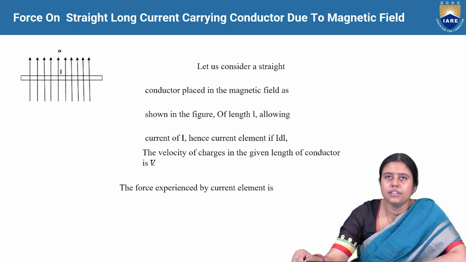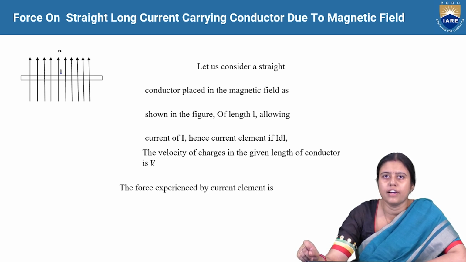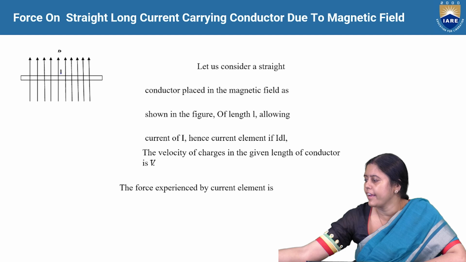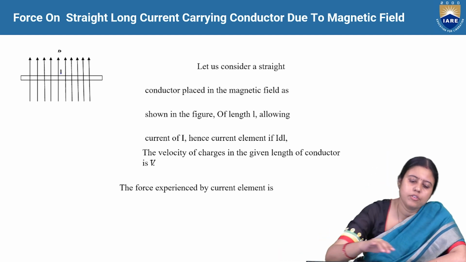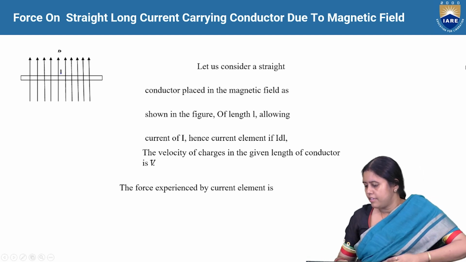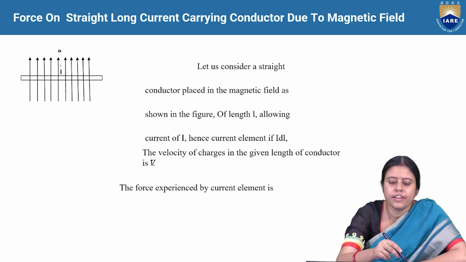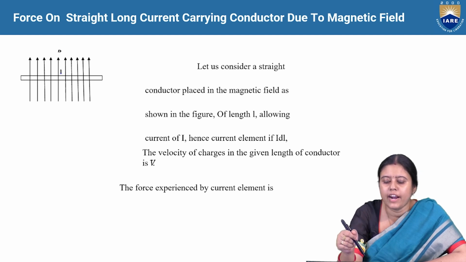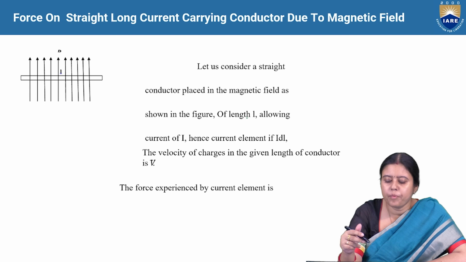So now we will discuss the force on a straight long current carrying conductor due to the magnetic field. Here we are thinking about a long conductor where the current I is flowing, and there are some charges.